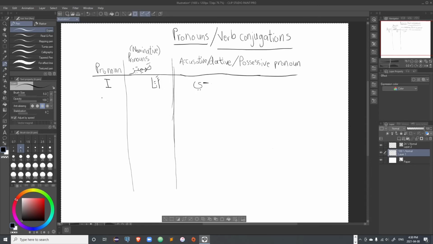Then we have you, second person. However, in Arabic, we will have to identify whether it is singular or plural and whether it is masculine or feminine. So here I will open brackets and say S for singular, M for masculine. That word would be anta.